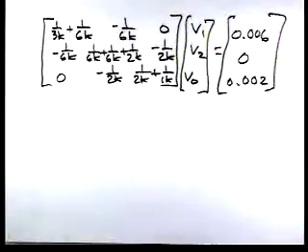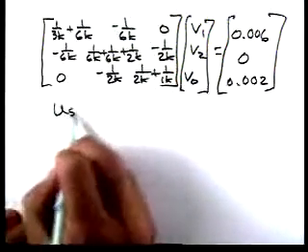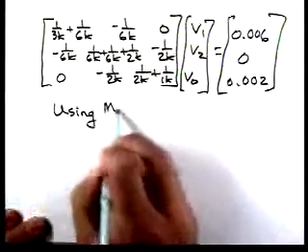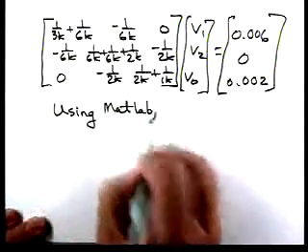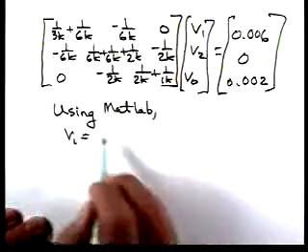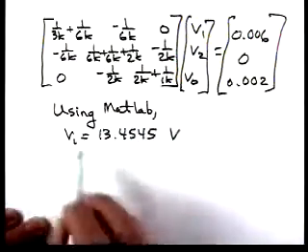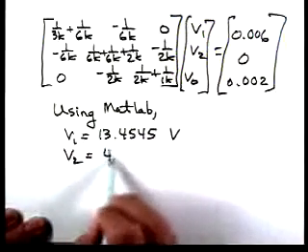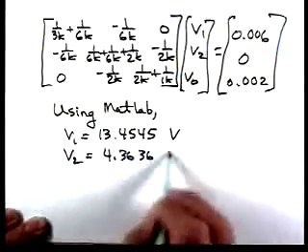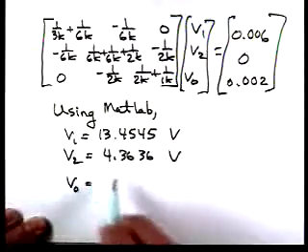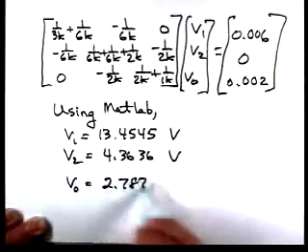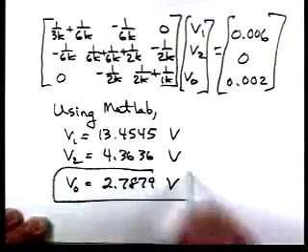So there our equations are in the matrix, and then using MATLAB we'll get the following answers. V1 is 13.4545 volts. V2 is 4.3636 volts, and then V0, which is what we're looking for, is 2.7879 volts. So there's our answer.